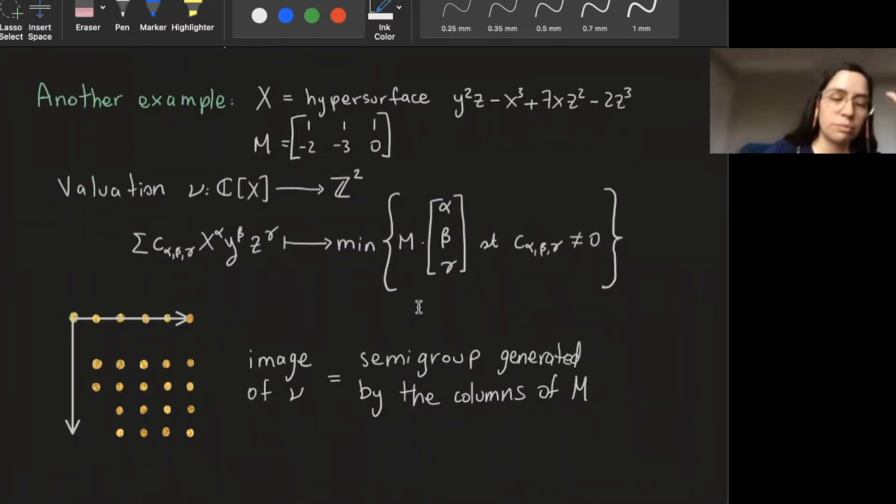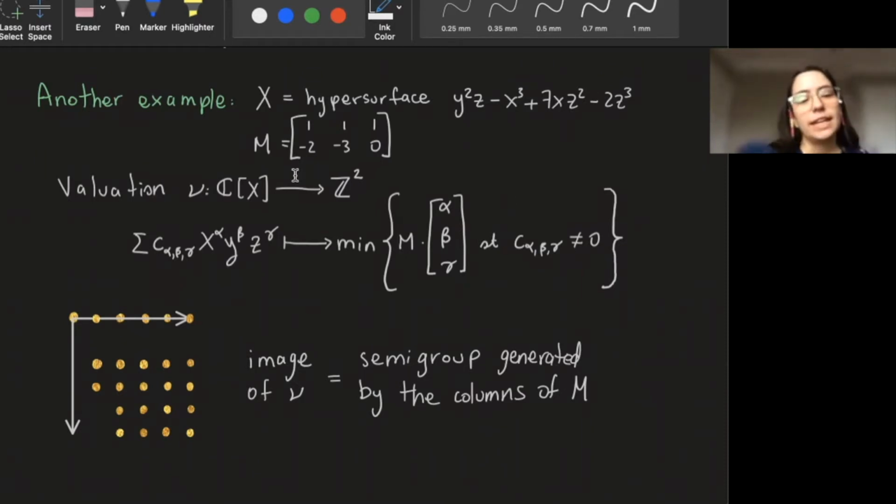But given that you believe those two facts, we have that the image of the evaluation is going to be these lattice points that we have over here. Sorry, yes: the minimum, so you order Z2 lexicographically or any other? I ordered it lexicographically. So I fixed a total order, but it's always going to be the lexicographic order for this talk.